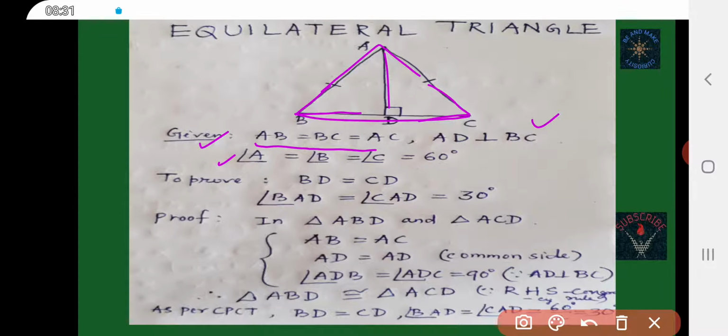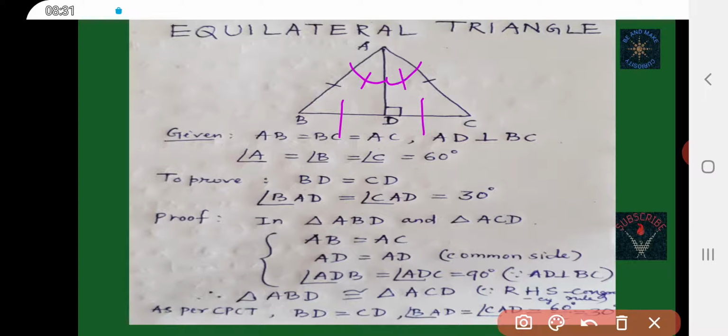We have to prove BD is equal to CD and angle BAD is equal to angle CAD. So, proof.